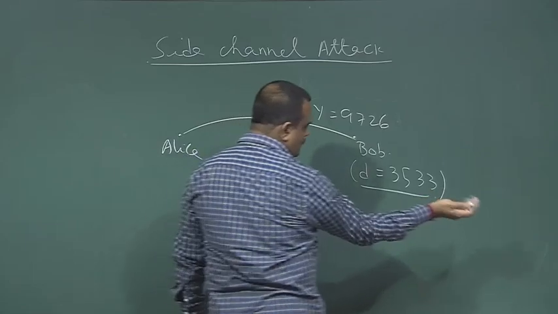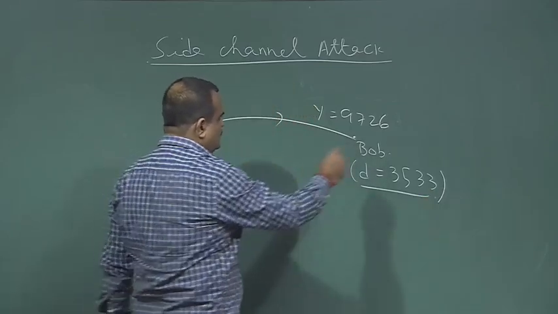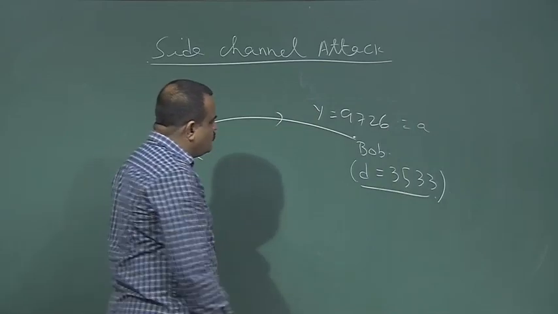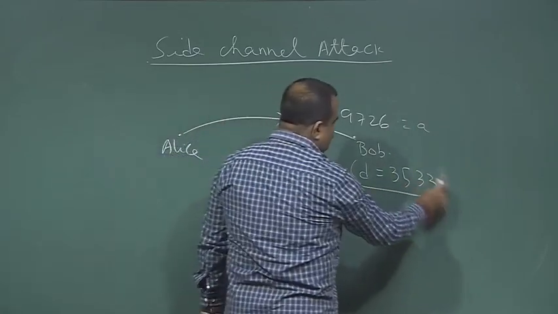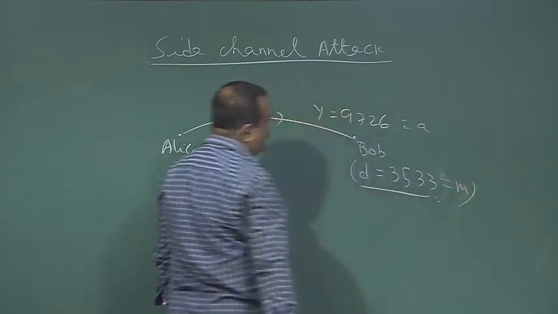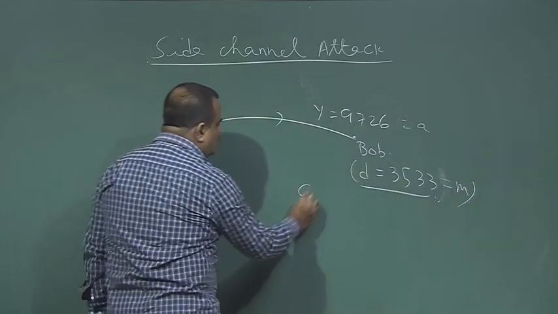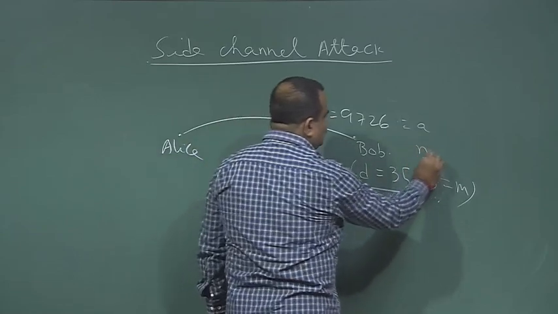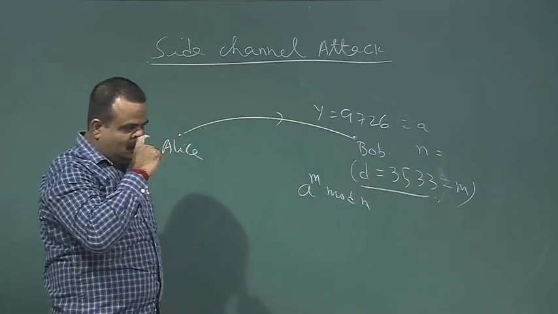This is our m in our square and multiply method, and this is our a in our square and multiply method. Now, Bob needs to calculate a to the power m mod n, the m which is the secret key of Bob, and n is 11413, the example that we have seen.